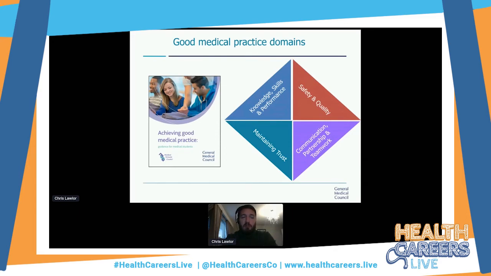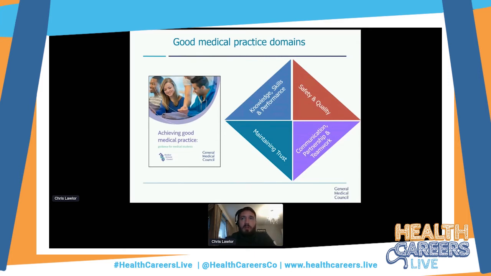As we looked at for what makes a good doctor, we want a doctor who's keeping their knowledge and skills up to date, to be a competent doctor, really. We've then got safety and quality, and we expect that all doctors are ensuring they are working to the highest standards, the highest level of quality, and are reporting any concerns they might have about patient safety.